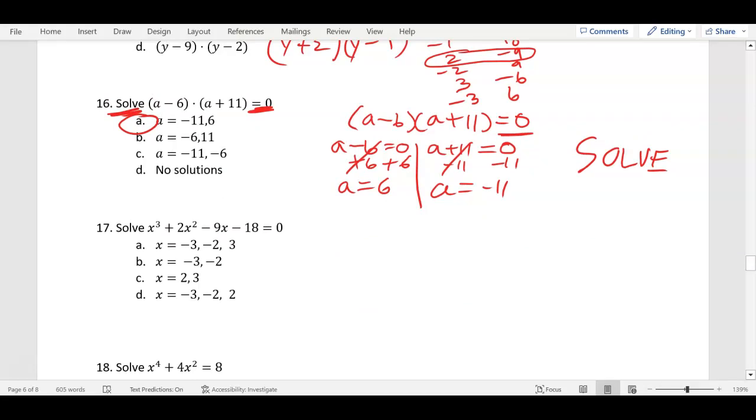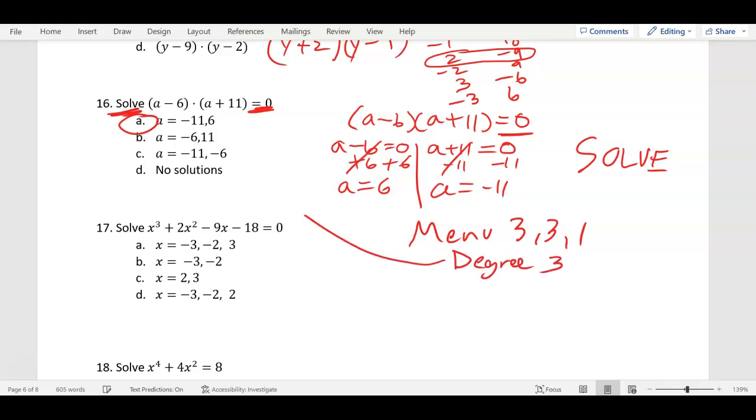Now to solve this, you go into your calculator and you do menu 3, 3, 1. Okay. Unfortunately, I cannot show you on here, but you go to menu 331, and it's degree 3 because of that, right?